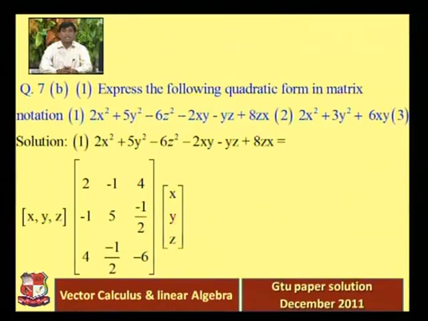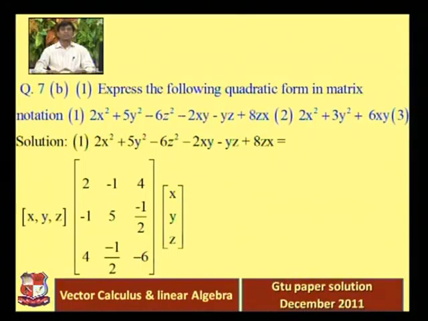And the coefficient of zx is 8, so divided by 2, that is 4, in place of a13 and a31. That means first row third column and third row first column. So you can see on the screen, 4 and 4.